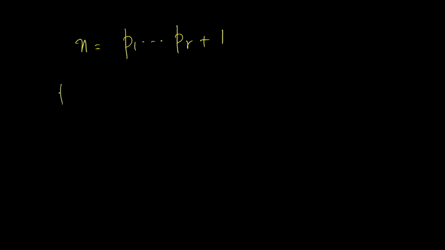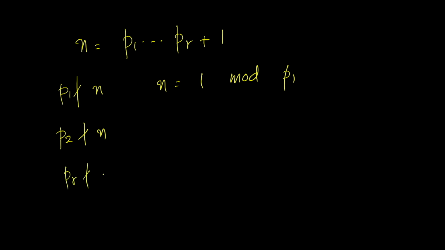Then we find that P1 does not divide n because n is 1 mod P1. That is, when n is divided by P1, we would get a remainder of 1. Similarly, P2 also does not divide n. P2 divides P1 through Pr. Therefore, n is not divisible by P2. Similarly, none of these primes would divide n. So, primes P1 through Pr do not divide n.